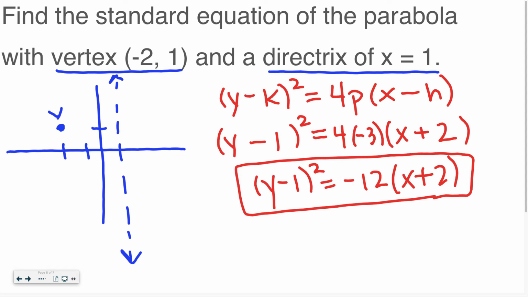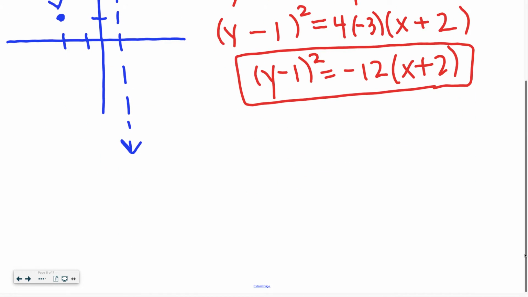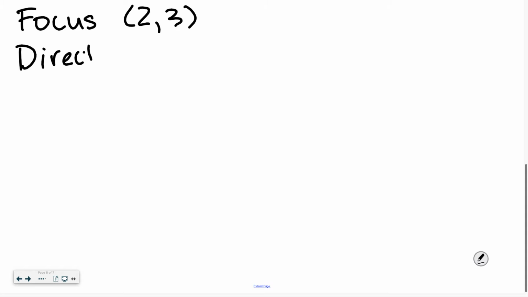Two more examples. Okay, what if we had a parabola with a focus at (2, 3) and a directrix at y equals negative 3?